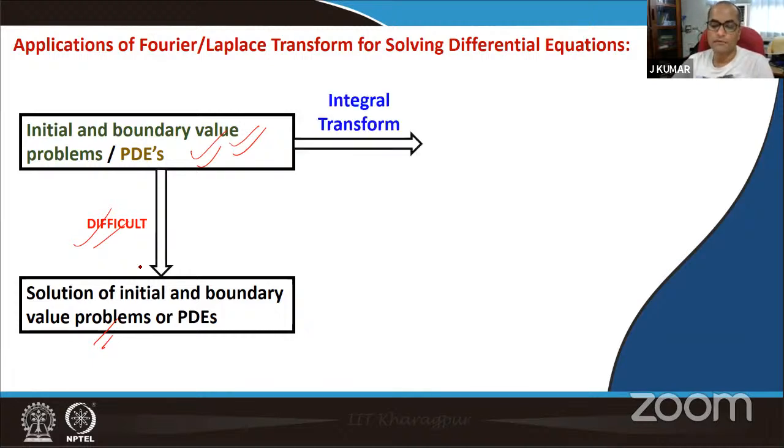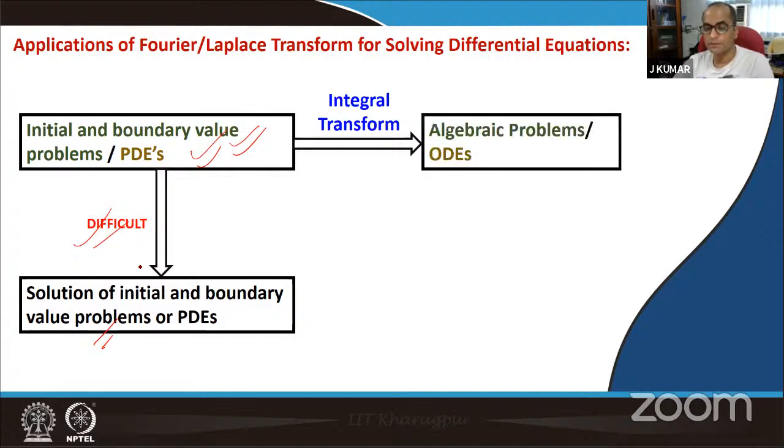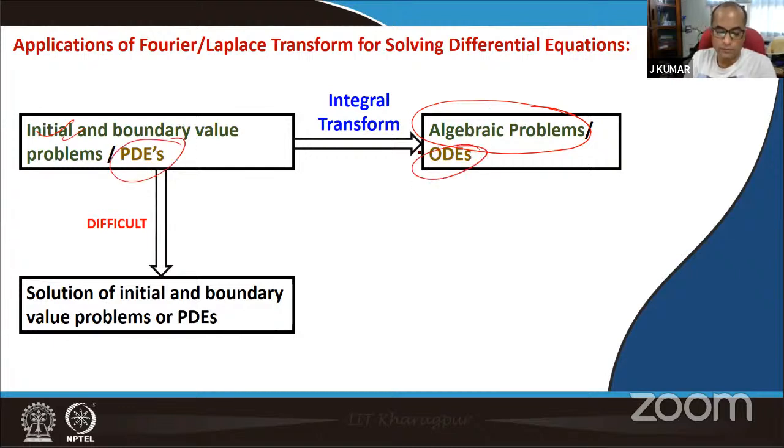So the idea of the integral transforms, which include Fourier, Laplace, and others, is that an ordinary differential equation is changed to an algebraic equation, or a PDE is changed to an ODE, and in general the solutions of ODEs are simpler than PDEs.